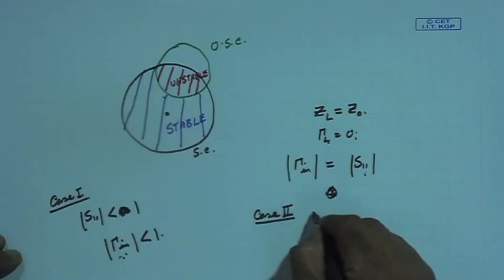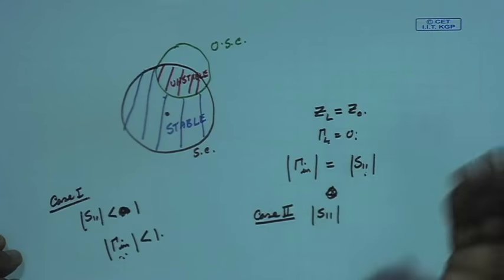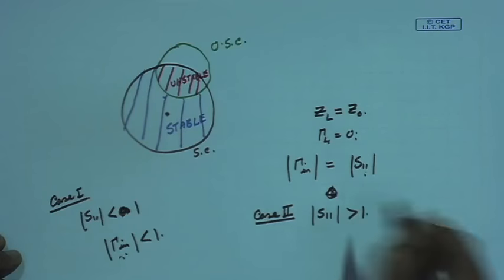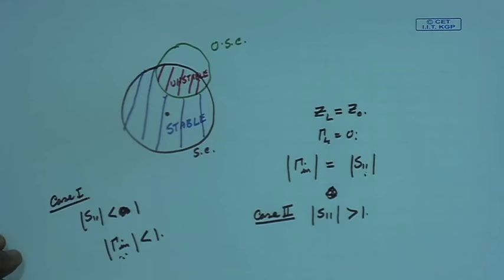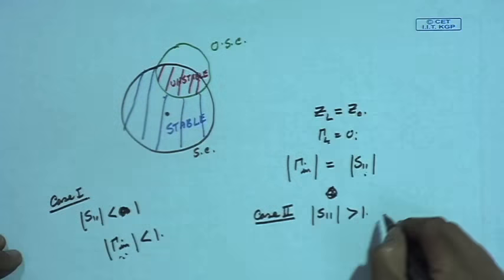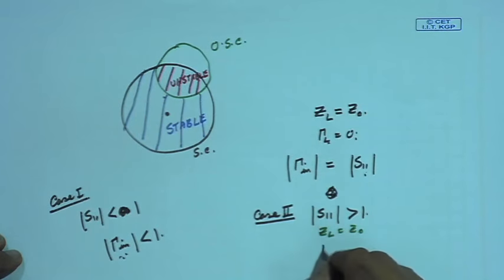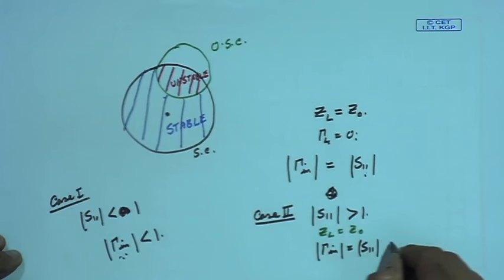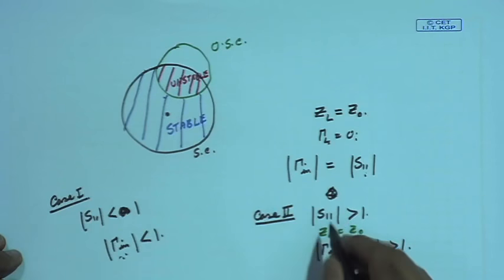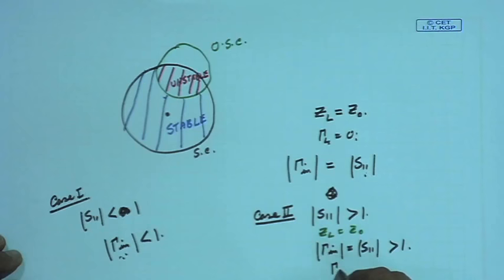What is case 2? That the S11 value, which I do not have any play with because the manufacturer has given it, can be greater than 1. If it is greater than 1 and I have made this choice that ZL is equal to Z0, I immediately see that gamma in again becomes S11, but this time it is greater than 1. So, I know that with this choice, gamma L is equal to 0, this point lies at the center.